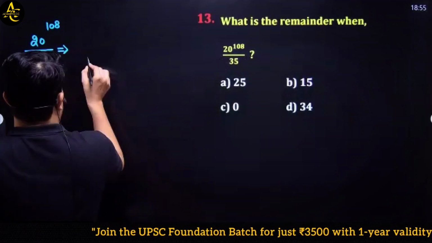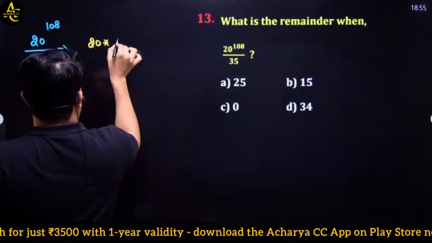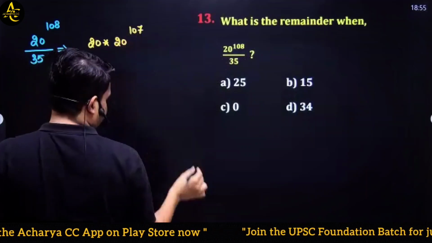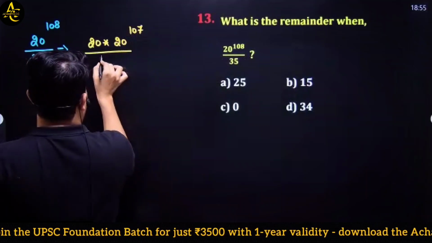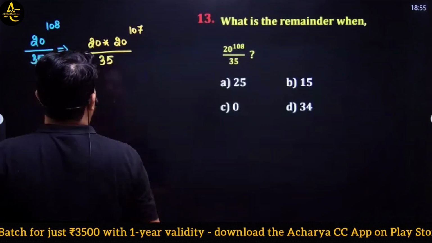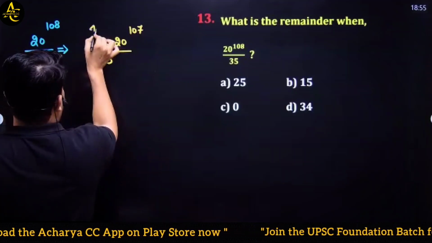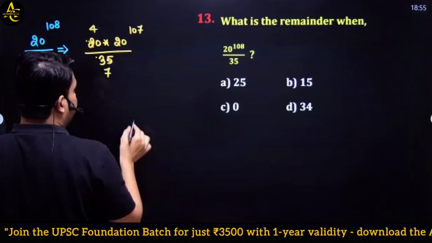We will just take 20 out of it and multiply 20 into 20 to the power 107. We will take 20 from here and divide by 35. Now we will divide by 5: 5 4s are 20 and 5 7s are 35.